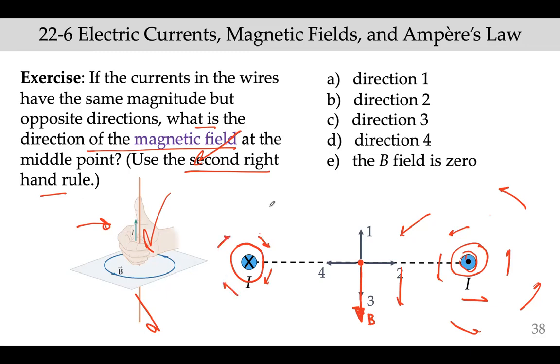They are in these directions. And at the middle point, it will be again in the down direction. So both of them are down direction. And if you add them up, you will get a vector again in the down direction. So the correct answer is direction 3.